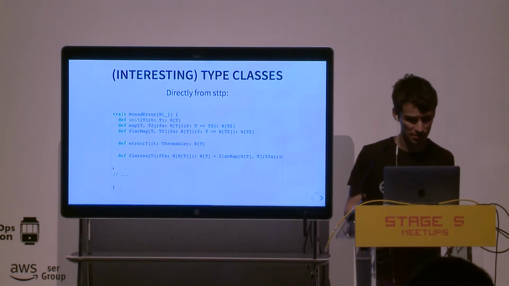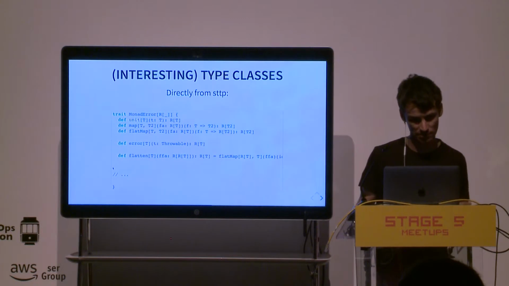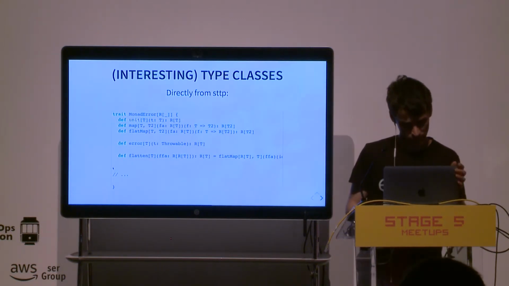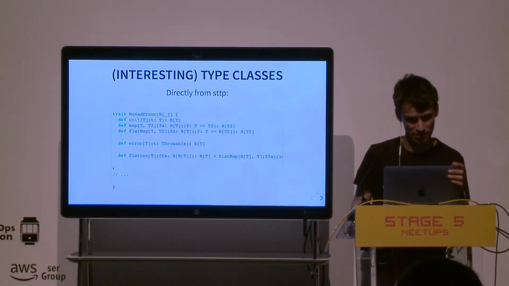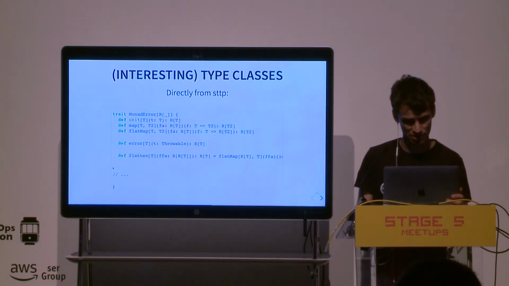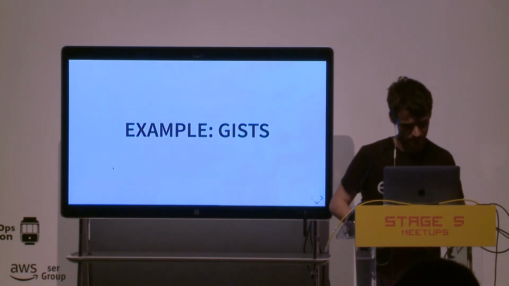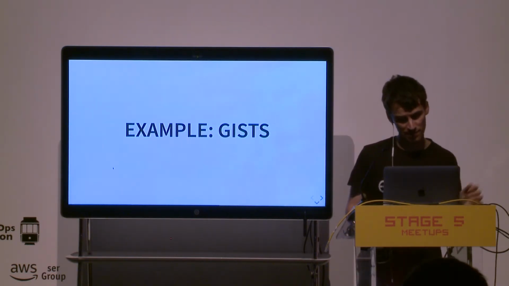If someone doesn't know this concept, please shout. I can explain it in much more detail. But basically, for those Fs we use in STTP clients, we need to be able to map functions, sequence operations in the F context, and throw errors, or at least put errors in the F context.